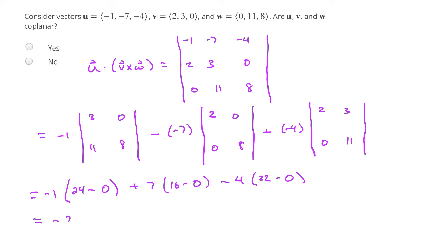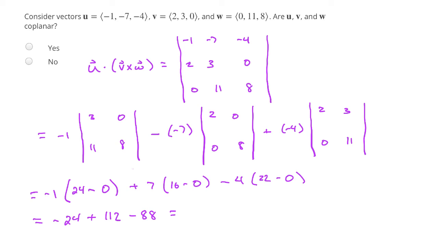And so we have a value of -24 plus 7 times 16, or 112, and then minus 4 times 22, which gives us 88.